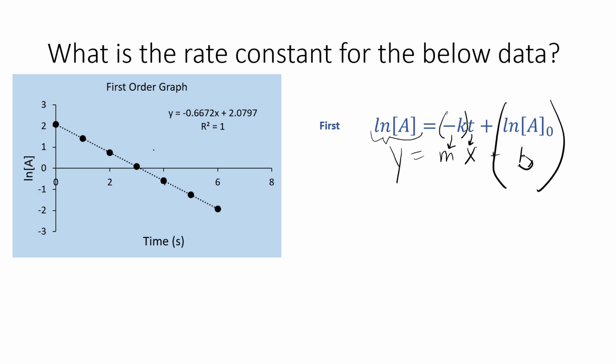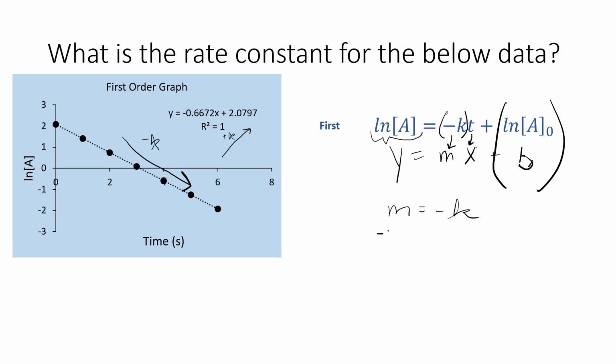Notice here, it's a negative slope. So that means it's going from top to bottom right. If it had a positive slope, it would be going in this direction, but it does not. And that's because I expect it to be negative.